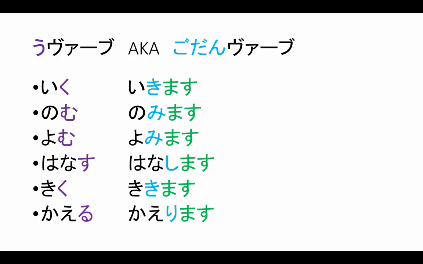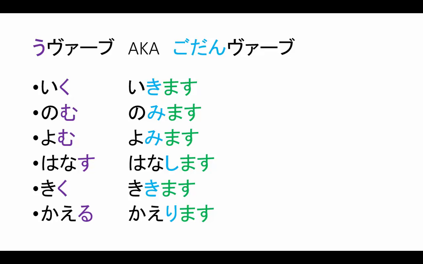And then the other piece of this is that ni having two different uses like this, you could kind of think of it as two different particles that happen to sound alike.